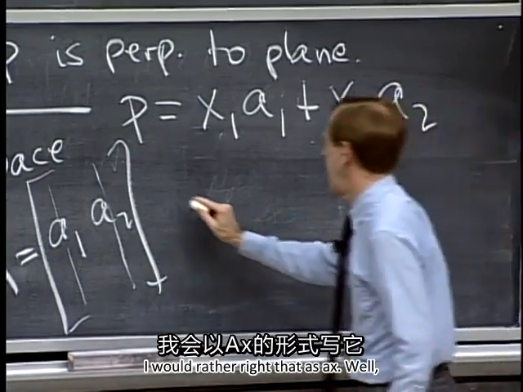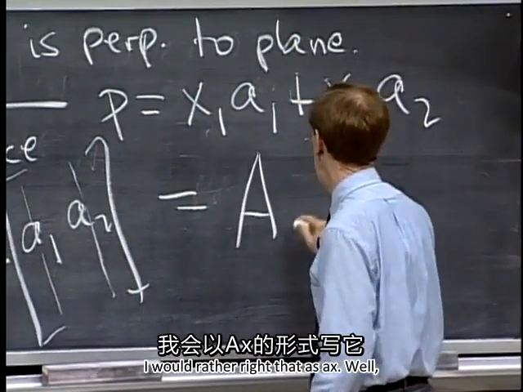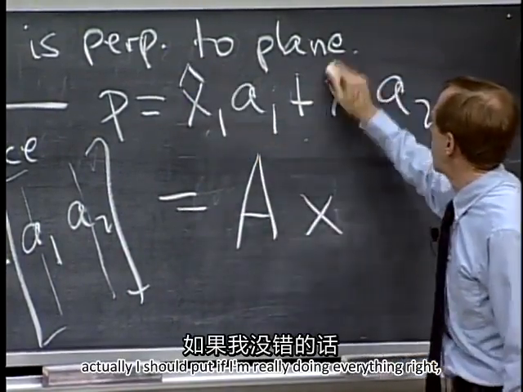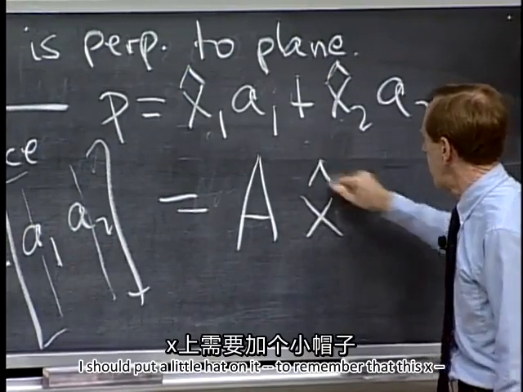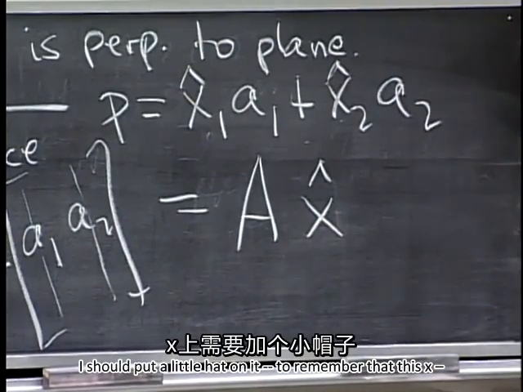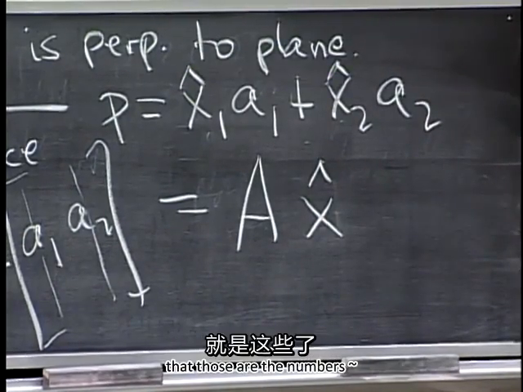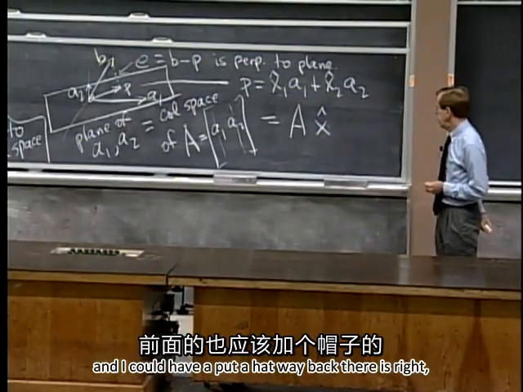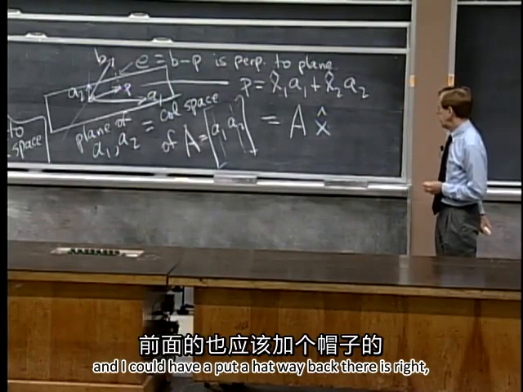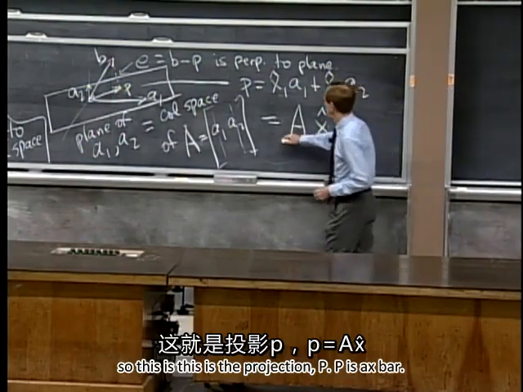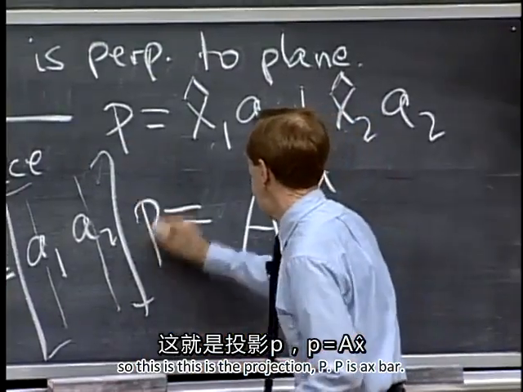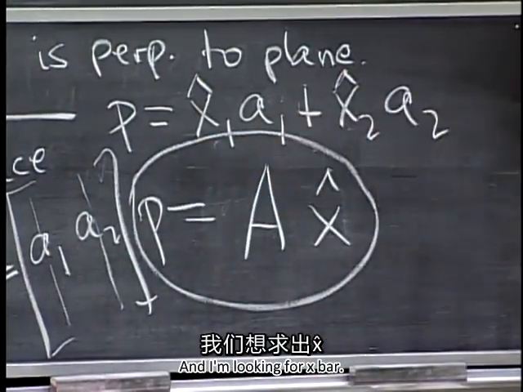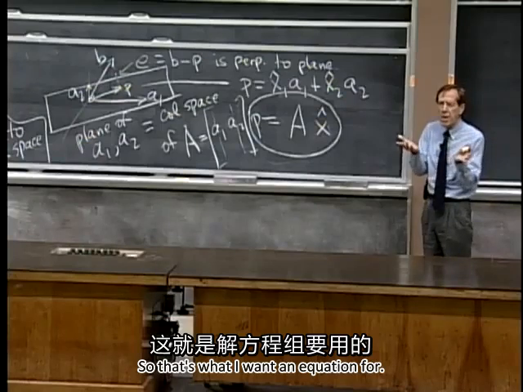I would rather write that as Ax. Well, actually, if I'm really doing everything right, I should put a little hat on it, to remember that those are the numbers x. So this is the projection, P. P is A x hat, and I'm looking for x hat. So that's what I want in an equation.